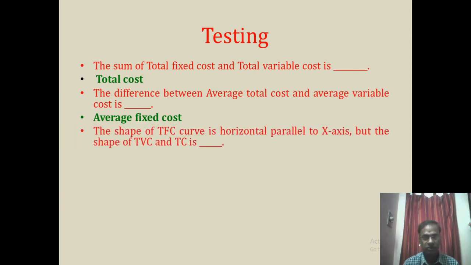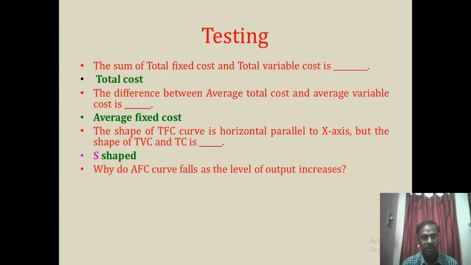And the next question is, we know the shape of TFC is horizontal, parallel to the x-axis, but the shape of TVC and TC is S-shaped. Then why does the AFC curve fall as the level of output increases? We studied the reason, that is, the TFC is constant.